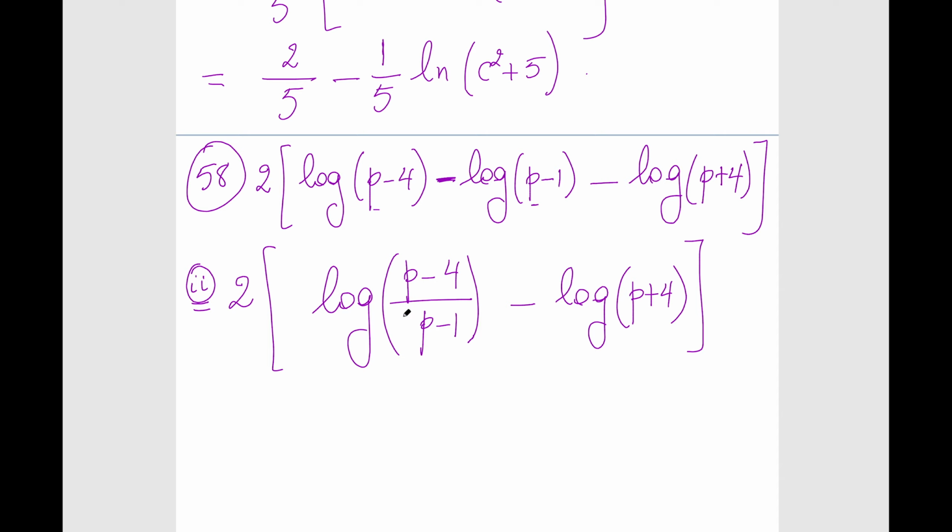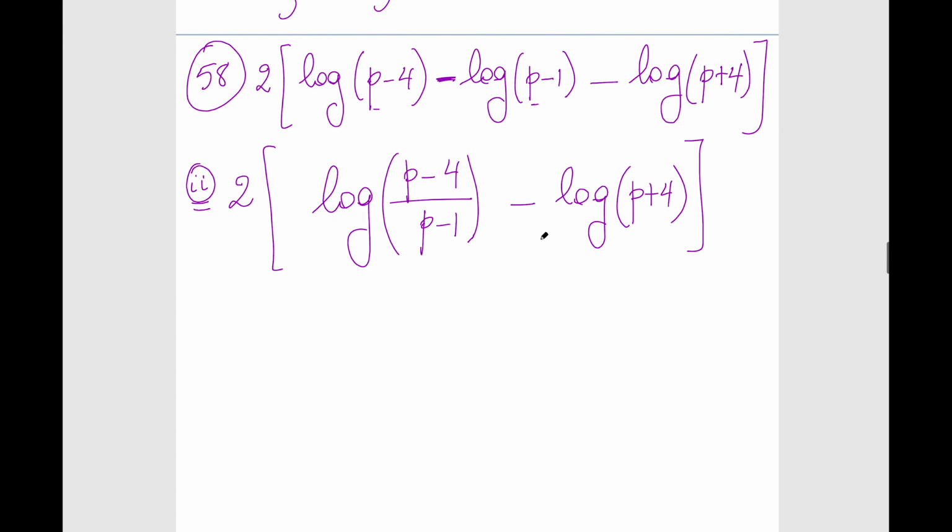If you're more accustomed to going backwards, try to go backwards mentally. Log of this quotient is log of the numerator minus log of the denominator. So this is exactly this. And then this is log of something minus log of something else, right?